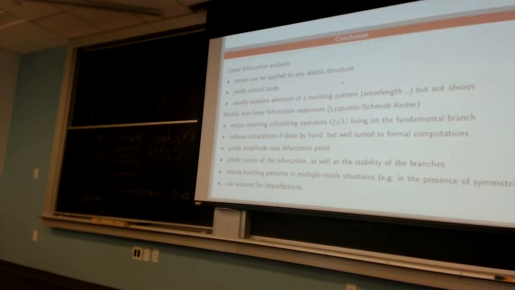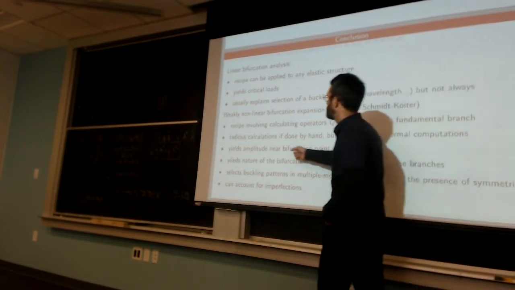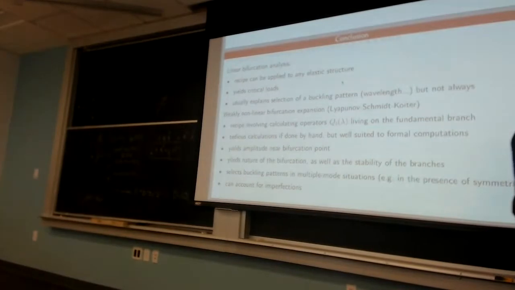And now we've seen this Koiter expansion, which is a nonlinear version of that, which is just a simple recipe where we are based on these operators. The explicit calculations, except for the elastica, can be quite tedious, but then it's really nice to use formal symbolic calculations, and it actually works very nicely with symbolic calculations. You get the amplitudes of the branch, you get the oscillating parabola for symmetric bifurcations, or the tangent curve to the bifurcated branch.